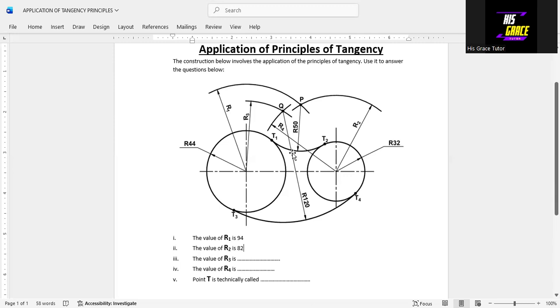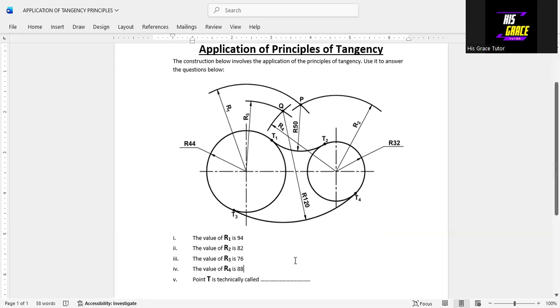Then we take 120 millimeters, which is the radius of this arc, put the pin at point Q, and the pencil point will touch a point here on the circle, and then just draw like this. That makes us draw this arc, which touches this circle at point T4 and this one at point T3. So radius R3 is 76 millimeters, while radius R4 is 88 millimeters.